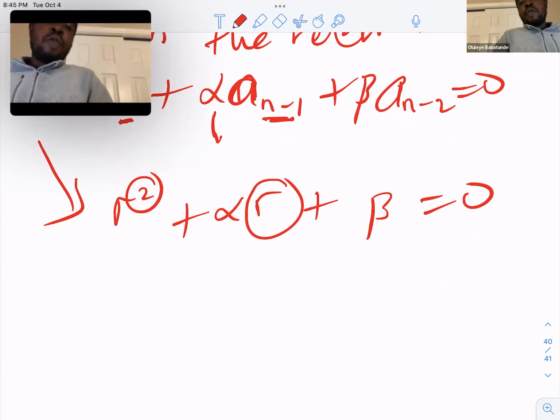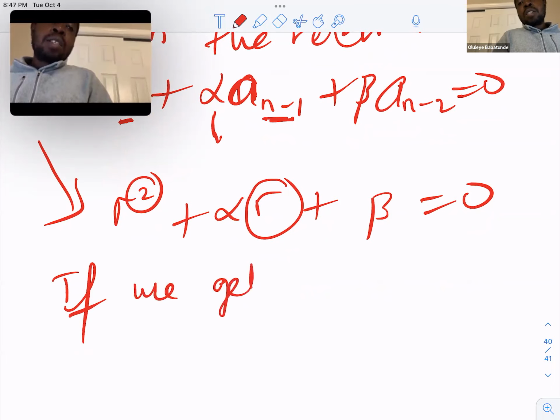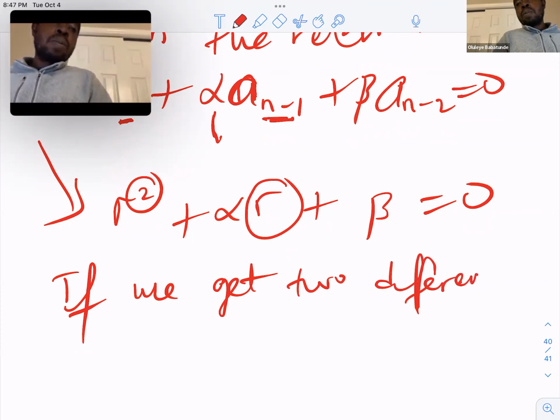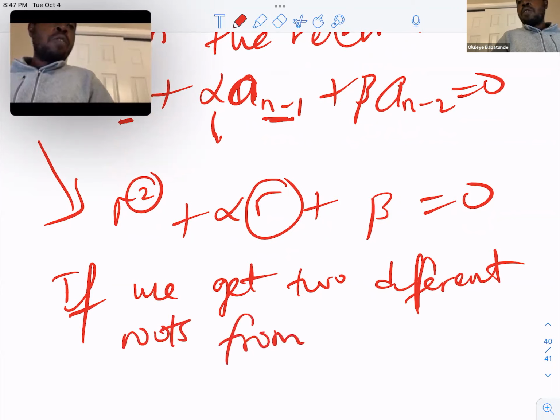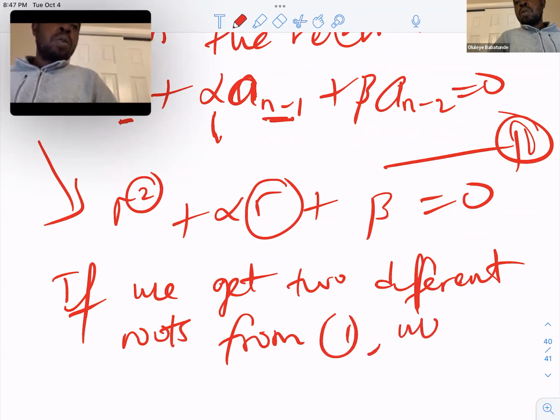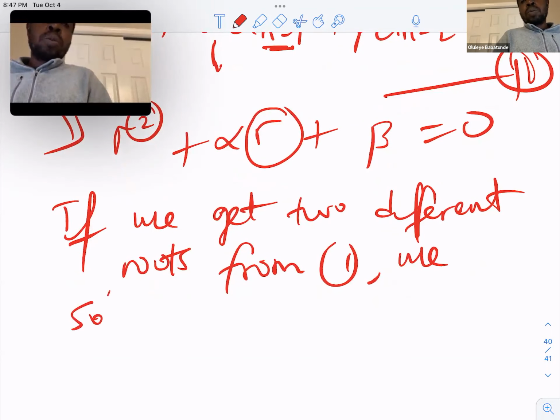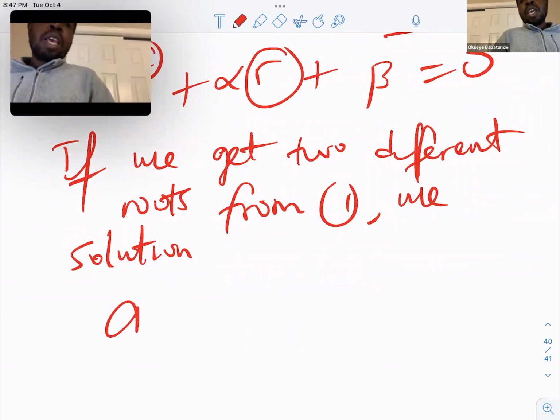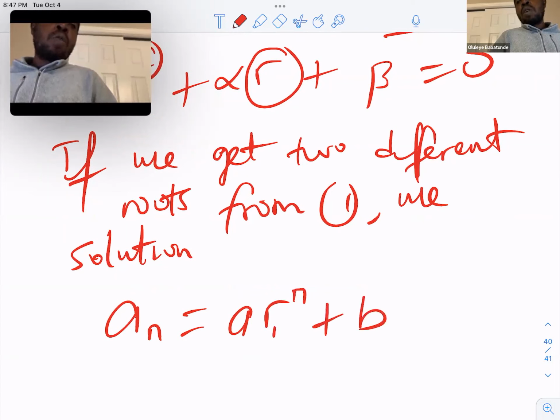Now, if we get two different roots from, let me call it equation 1, we use the solution a_n equals a first root raised to power n plus coefficient b.